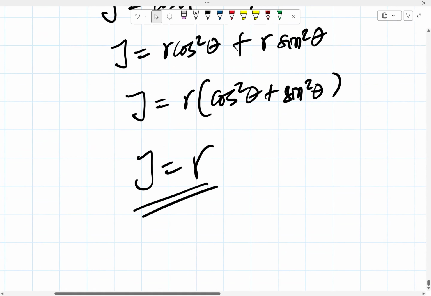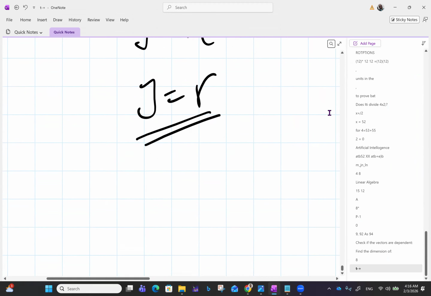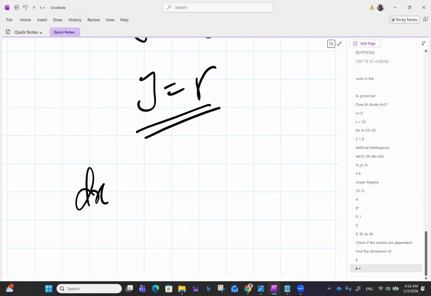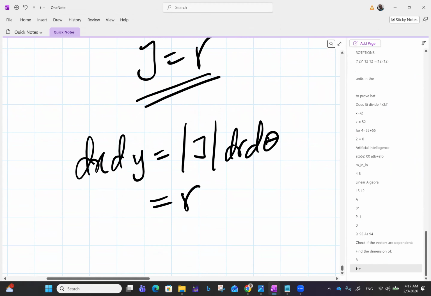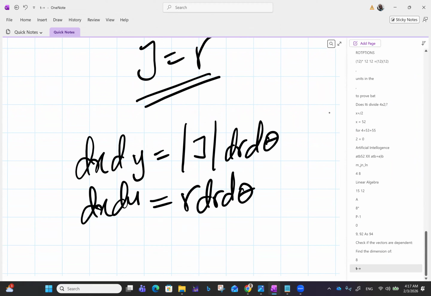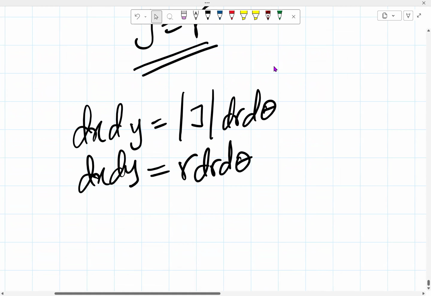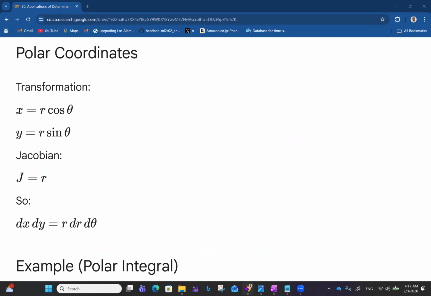If j is r, then dx dy is equal to the absolute value of j, dr d theta, which is simply r dr d theta. That helps us change from Cartesian coordinates into polar coordinates. So dx dy is r dr d theta.